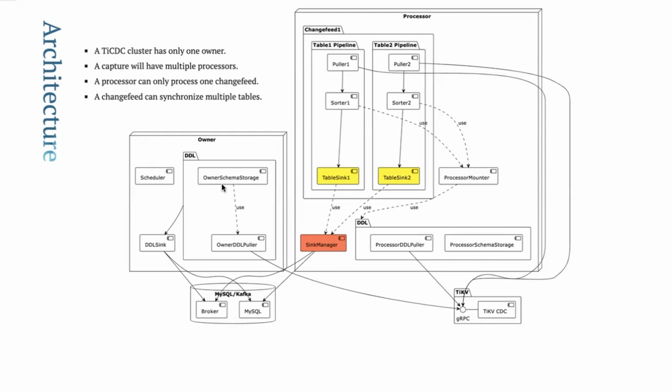So that's why we choose the owner to handle it, because a TiCDC cluster only has one owner. The processor is responsible for replicating data for changefeeds. So here we have one processor, and we have changefeed one, which has two tables.